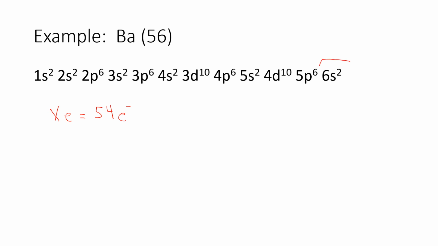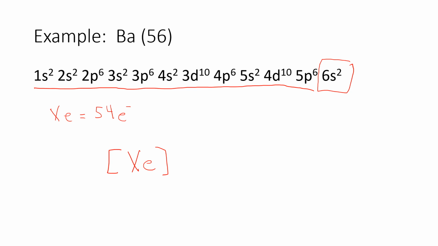So we're going to want to save those 2 electrons, and then the rest of these 54 electrons we are going to cover up by writing Xe in square brackets. And so Xe in square brackets just means this long part of the electron configuration. And then past that noble gas core, we have 2 more electrons, so we'll write that 6s2.